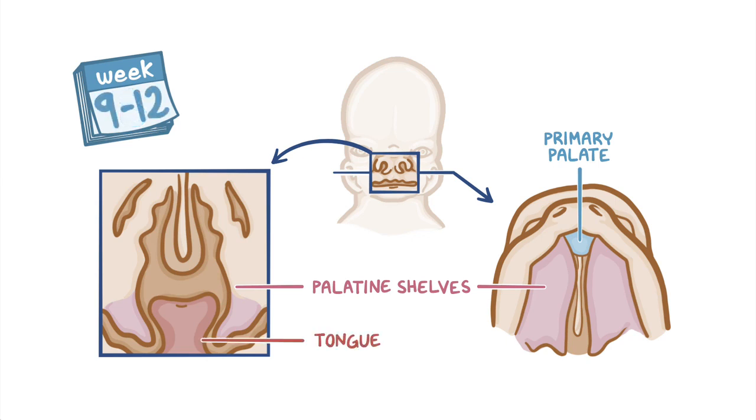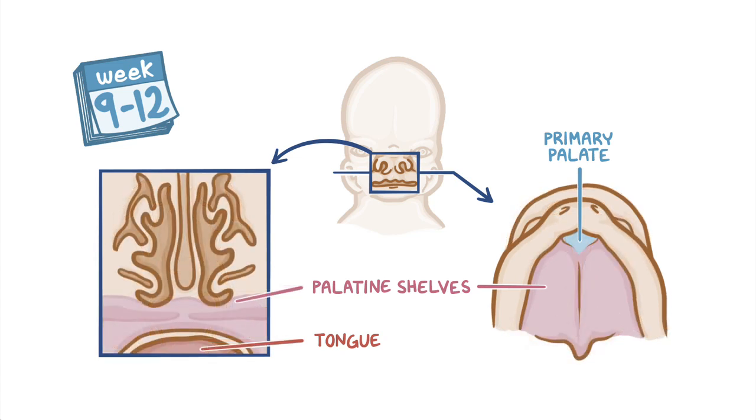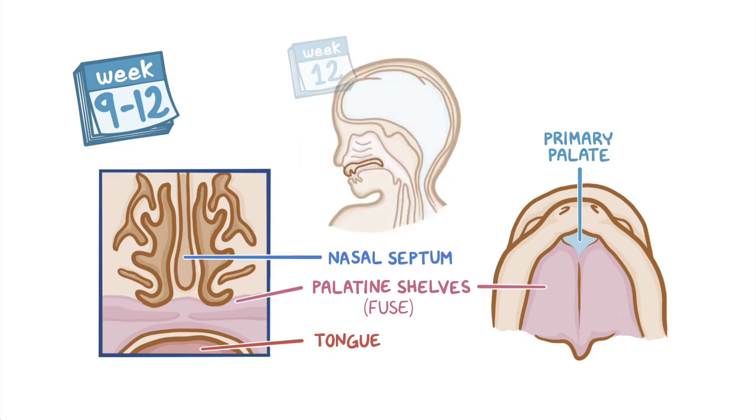As the mandibular process grows and expands, the tongue descends down, creating room for the palatine shelves to elevate into a horizontal position, and then grow medially until they fuse with each other and with the primary palate in front. At the same time, the mesoderm and ectoderm of the frontonasal and intermaxillary segments grow downwards in the midline to form the nasal septum, which fuses with the secondary palate.